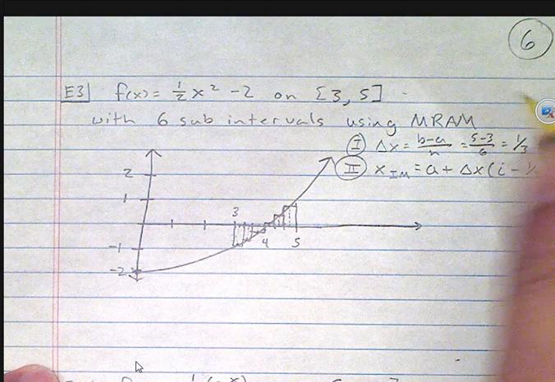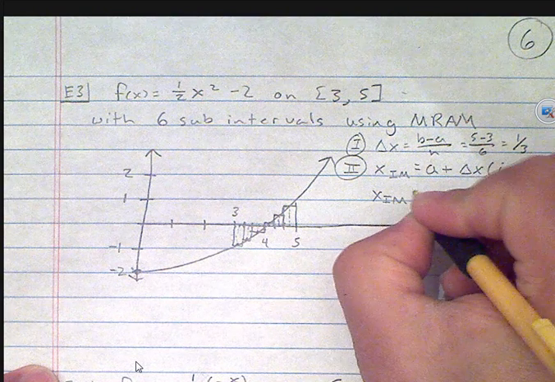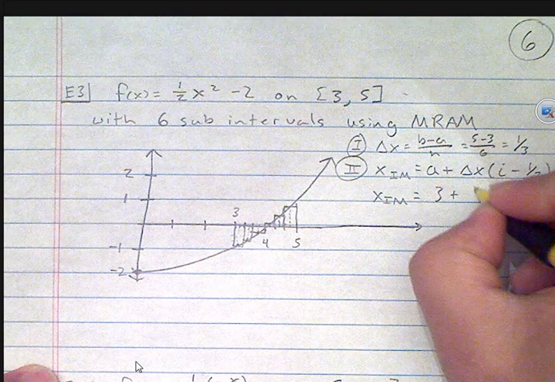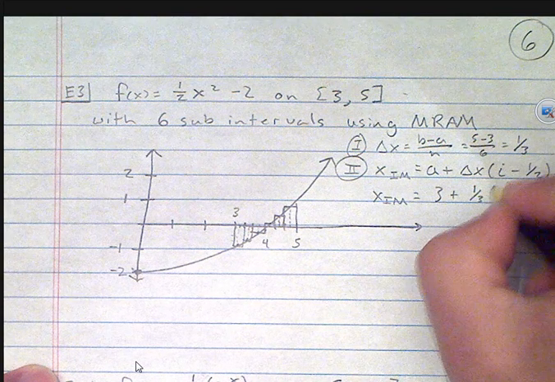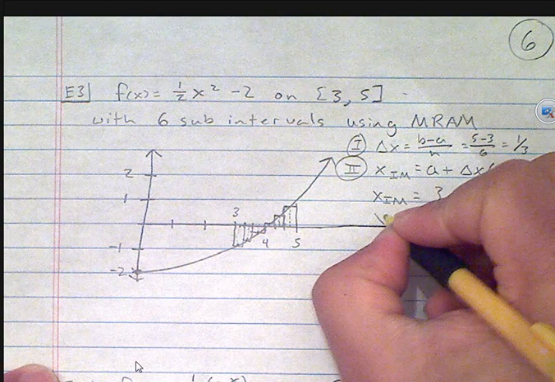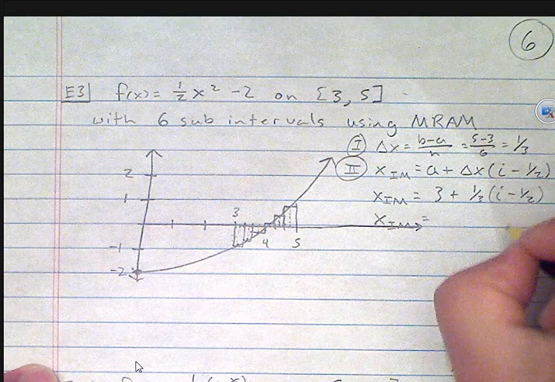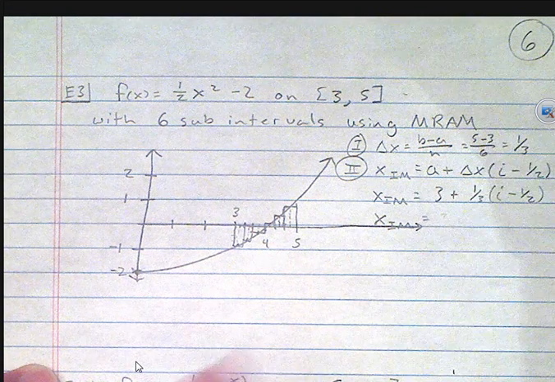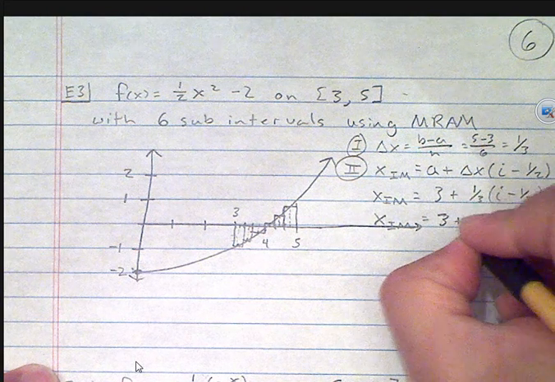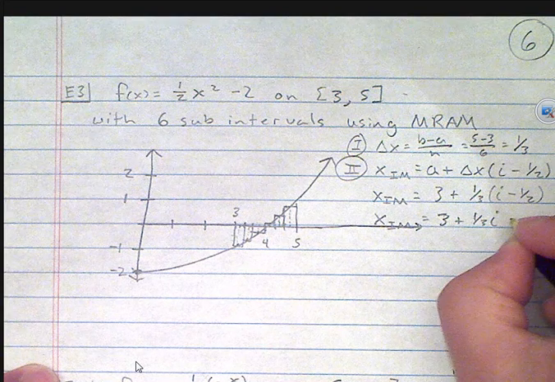And so x of I, m equals 3 plus 1/3 times i minus 1/2. x of I, m equals, well, that ends up being 3 plus 1/3 times i minus 1/6.